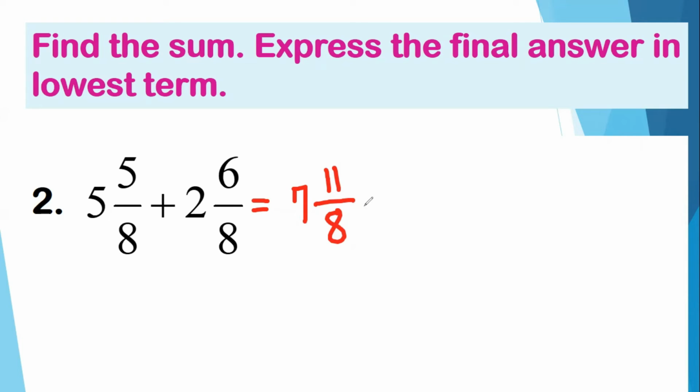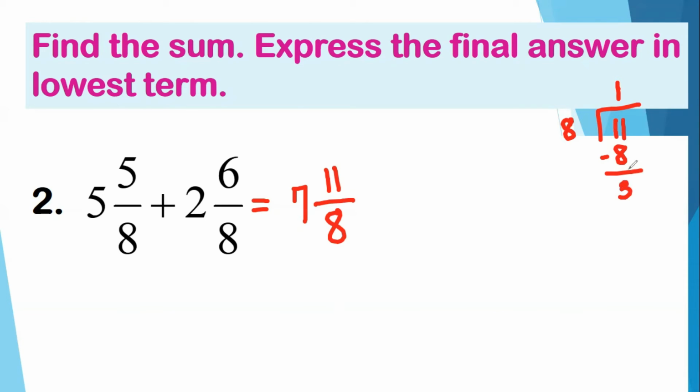So how do we do that? We simply divide 11 by 8. Again, we divide the numerator by the denominator to convert an improper fraction into a mixed number. So that is 11 divided by 8. That is 1. 1 times 8 is 8, and subtract 11 minus 8, that gives us a difference of 3.